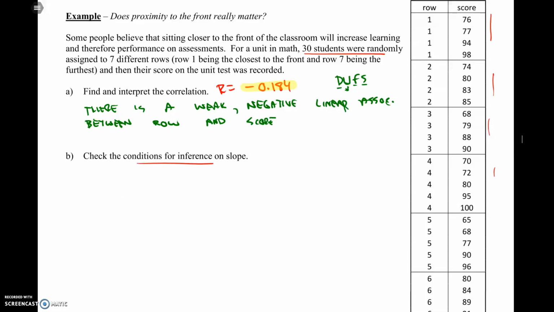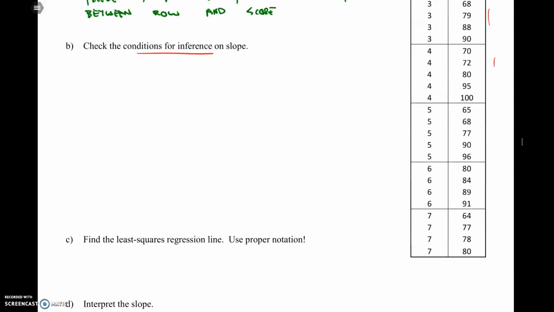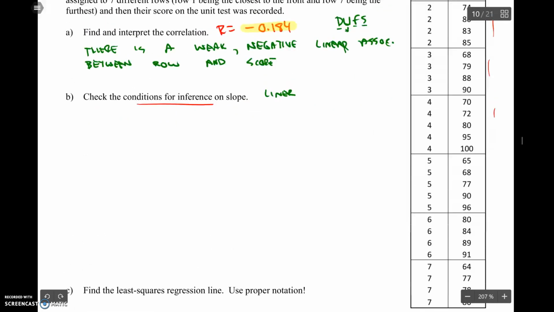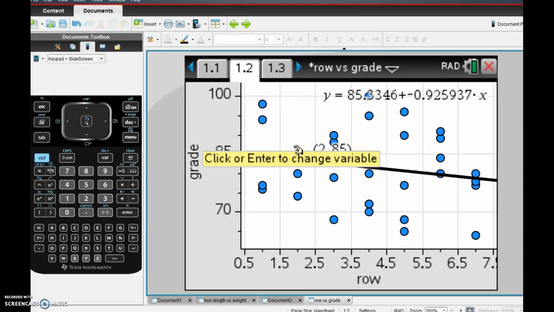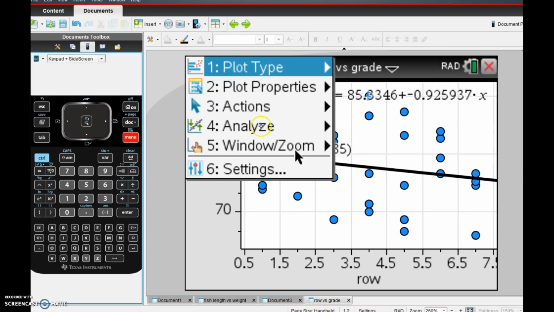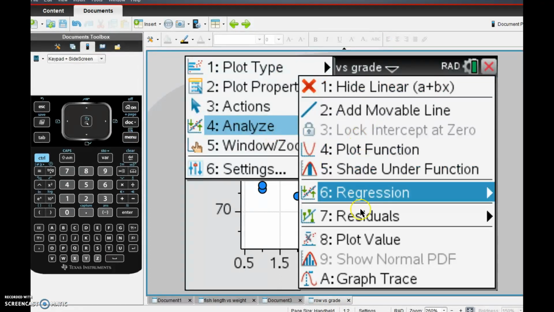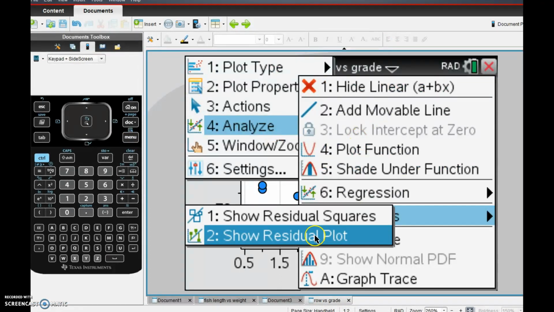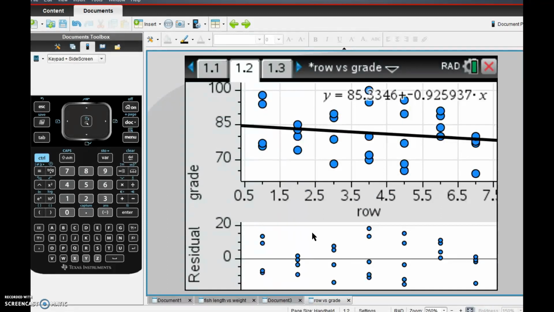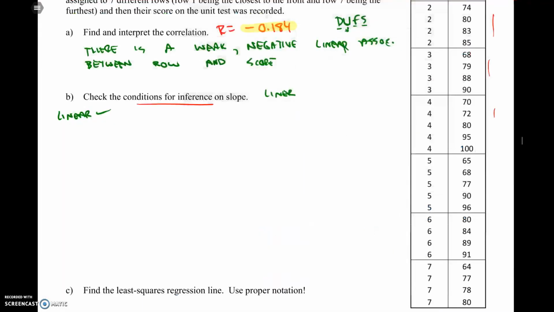All right, check the conditions. So we're going to do the LINER. So L, linear. Looks linear, didn't it? We could also analyze the scatter residual plot if you wanted to. Analyze residual plot. The residual plot shows random scatter.